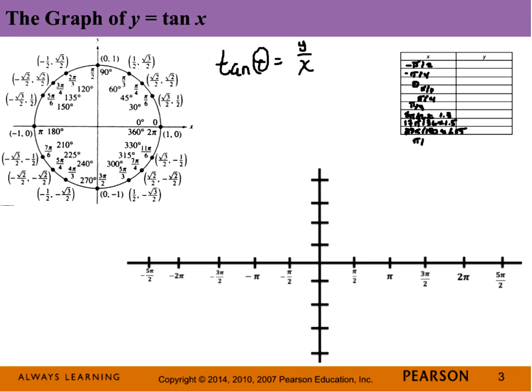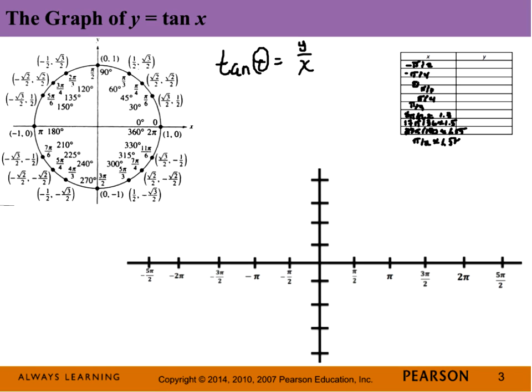I went ahead and did pi over 2, and that's approximately 1.57. Not that you need that, but just showing you how those values live between pi over 3 and pi over 2, numerically speaking there.